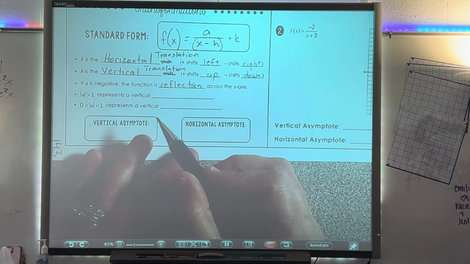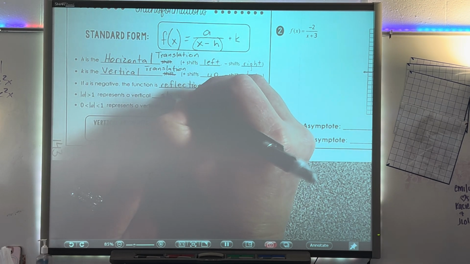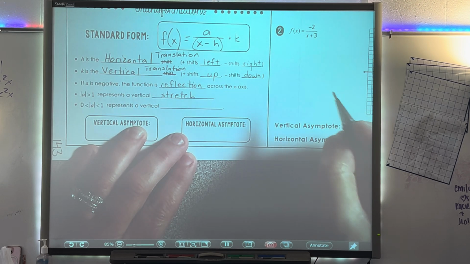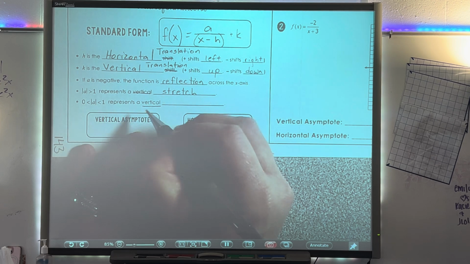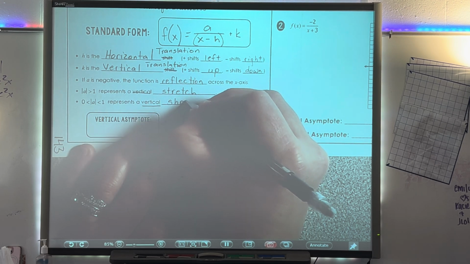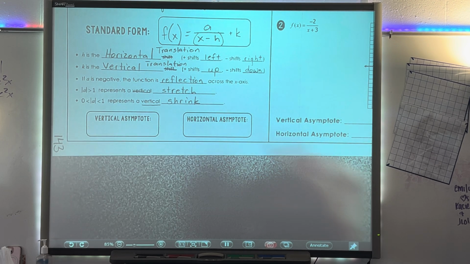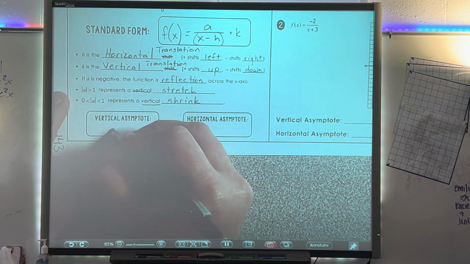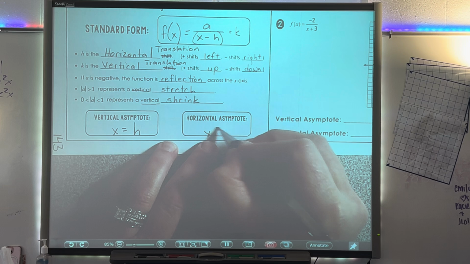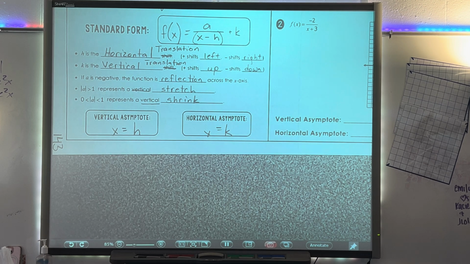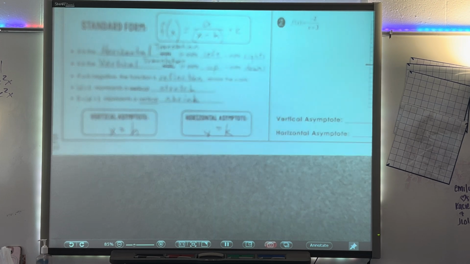If a is greater than 1, it's going to be a vertical stretch. Make sure you say vertical. And if it's a fraction, then it would be a vertical shrink. So your vertical asymptote is going to be x equal to whatever the h value is, and your horizontal asymptote is y equal to whatever your k value is. All this we did, so y'all should be comfortable.